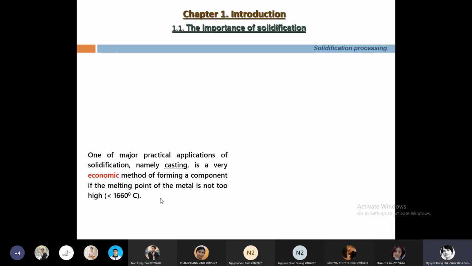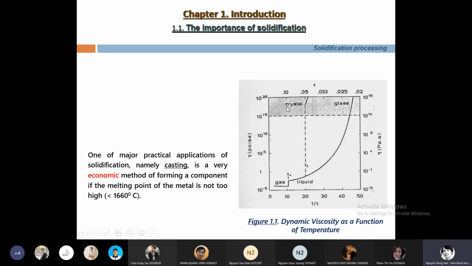So you can see and pay your attention to this graphic. It is viscosity versus temperature. Viscosity is dynamic viscosity. You know there are two kinds of viscosity: dynamic and kinematic.